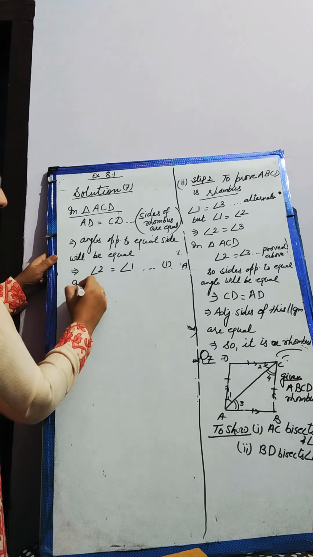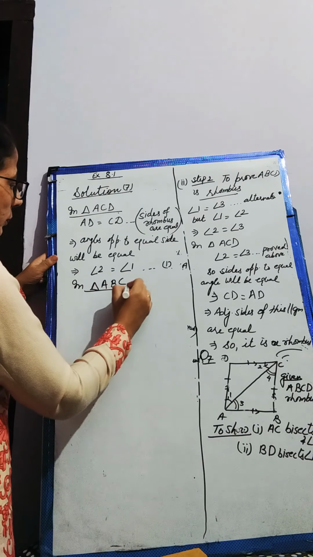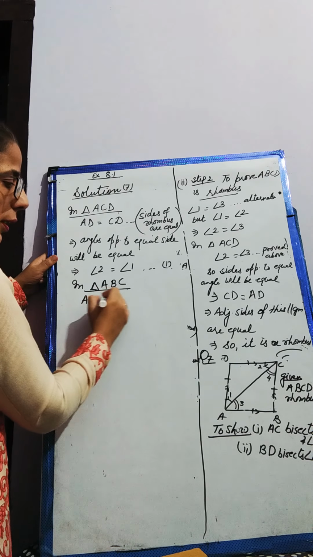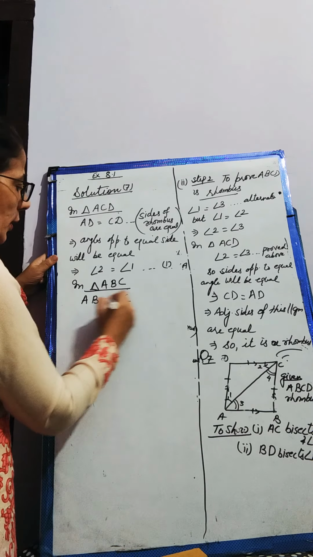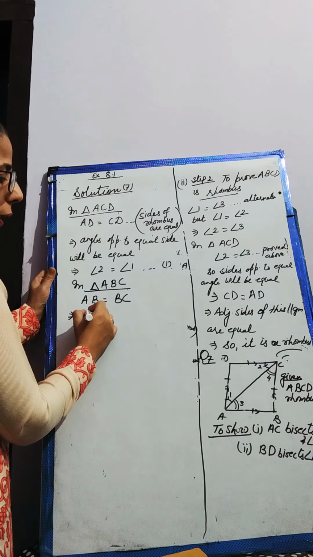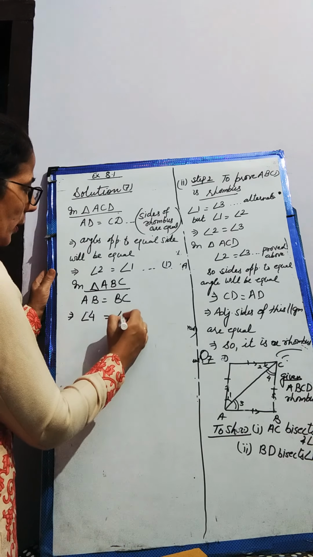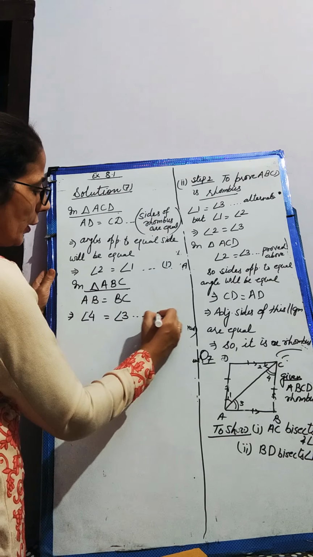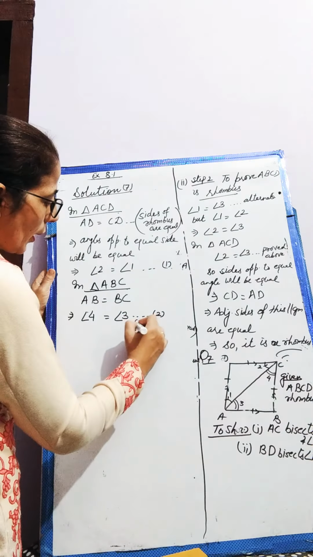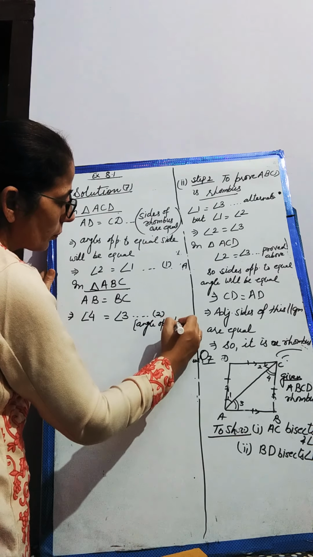Now, in triangle ABC, AB is equal to BC. So which angle is opposite to AB? Angle 4 will be equal to angle 3. The reason is angles opposite to equal sides.